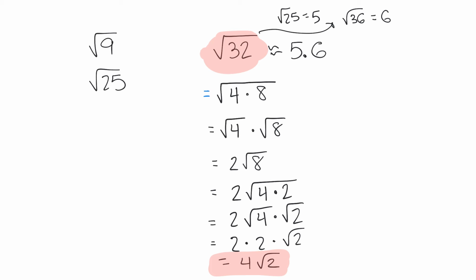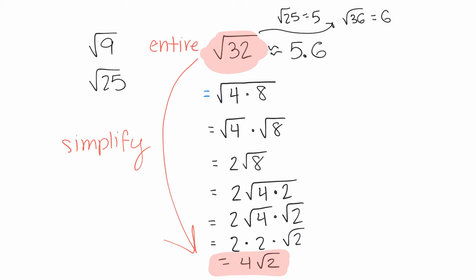So this crazy process we just went through right here to get to this is called simplifying. I know it doesn't seem very simple, but we just simplified this, and we took this from being an entire radical, because the entire number is inside the radical, to being what we call a mixed radical, because we've got a number outside and a number inside.